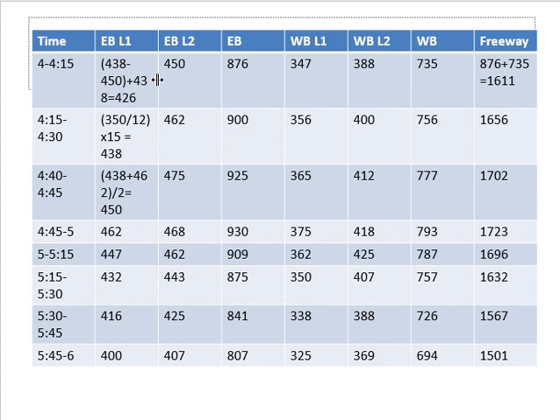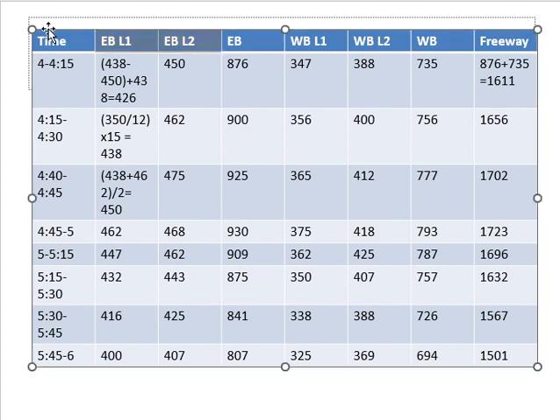Now I will make it into the hourly volumes. So, I will get rid of the columns which we are not going to use.